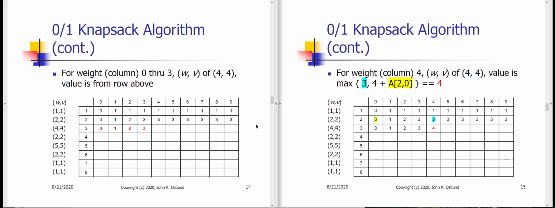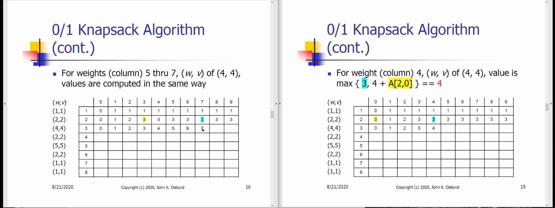And continuing that same computation, for remaining weights 5, 6, and 7, we see that we can obtain values of 5, 6, and 7. And I've only shown the highlighted results for remaining weight of 7 here. For a remaining weight of 7, we have the maximum of either 3 or 4 plus this 3.